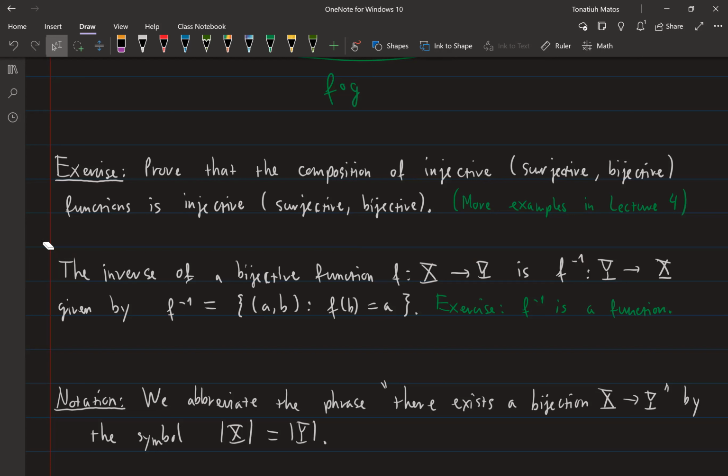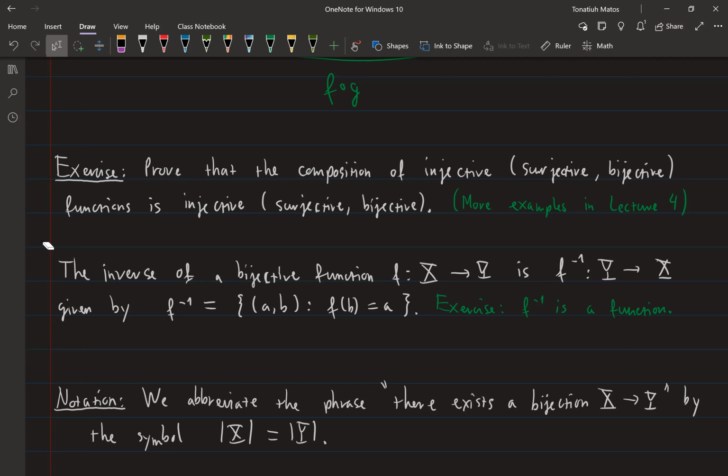So one notation that I want to introduce to you that we won't really use that much until chapter 4 is that if there is a bijection between two sets, then we will abbreviate this by writing the sets within absolute value and setting them equal to each other, which means that they have the same number of elements, right? There are many synonyms in English that you can use to describe this phenomenon. I don't want to overwhelm you more than necessary with definitions. We will talk about this more, but just so you know that this is something that exists, right?